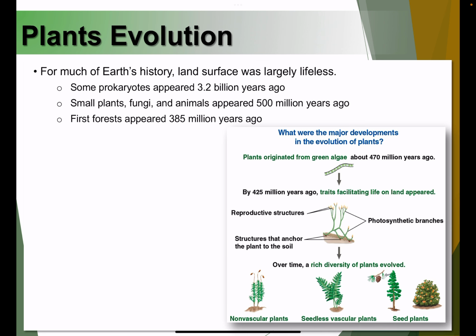So here's a quick overview of what we will be talking about in these two chapters on plant diversity. Plants originated from green algae about 470 million years ago. That's where plants come from, algae.